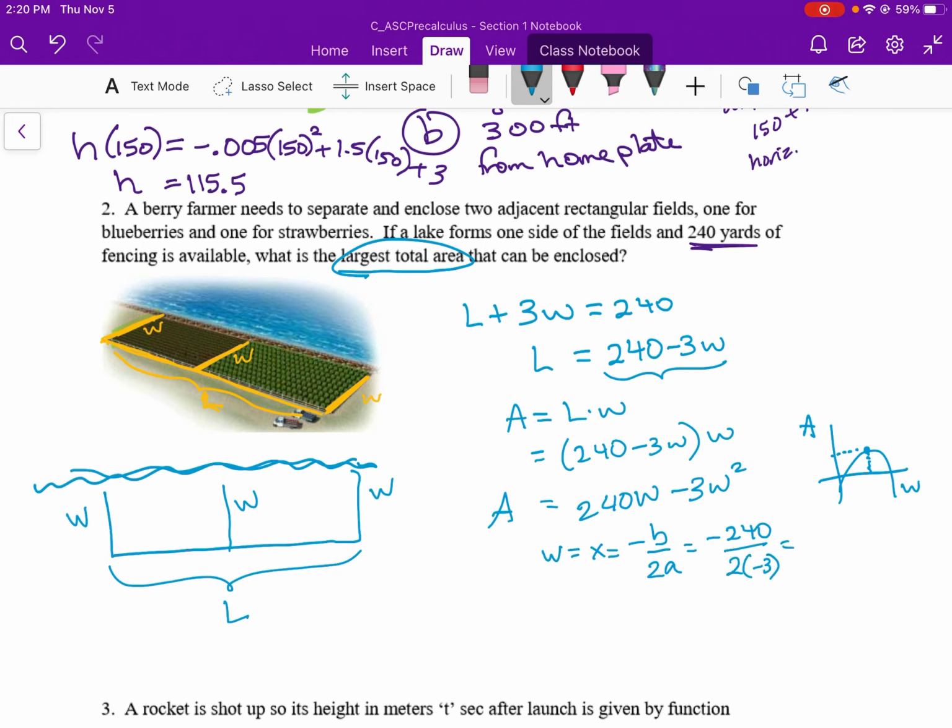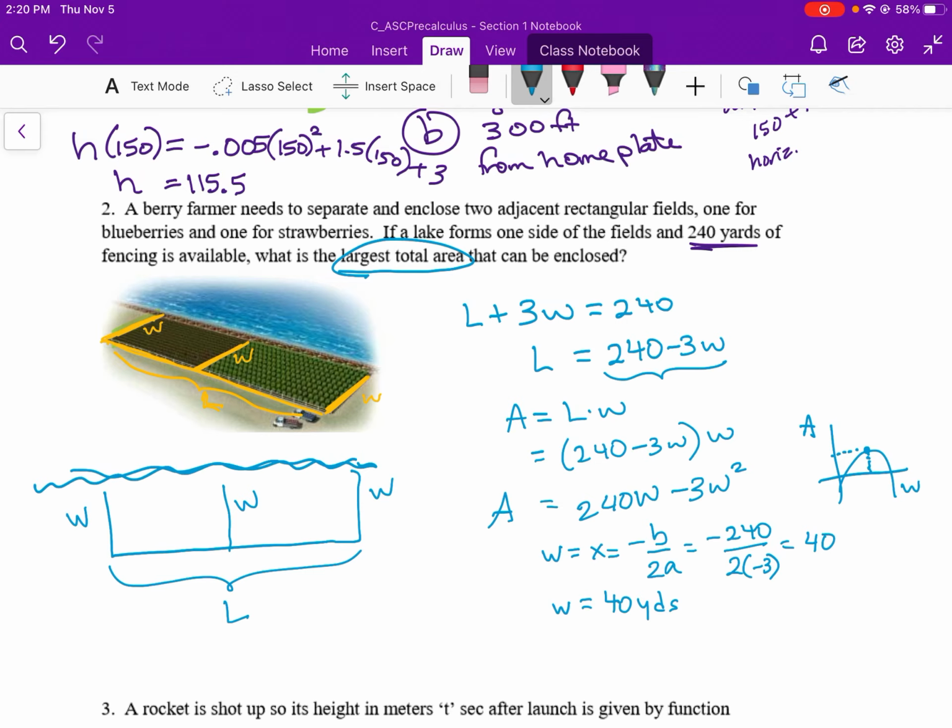So negative 240 divided by negative 6 is just 40, right? 240 divided by 6 is just 40. So my width is 40 yards. Okay, now I have to find the largest area.